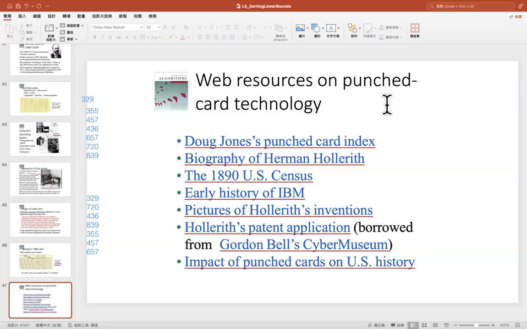This lecture also has something about sorting. Oops, sorry. Can you see my slide? The lecture 6 slide. No? Shoot.